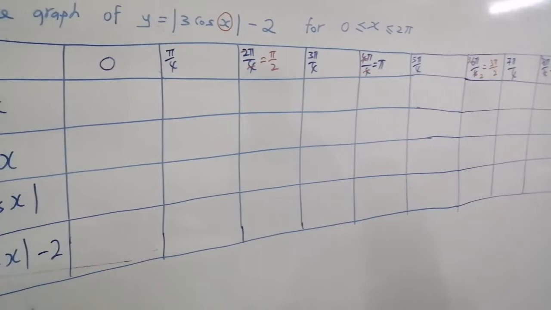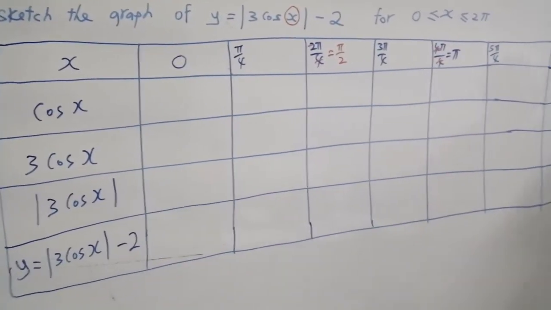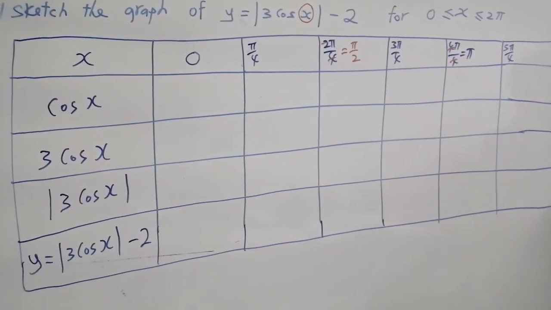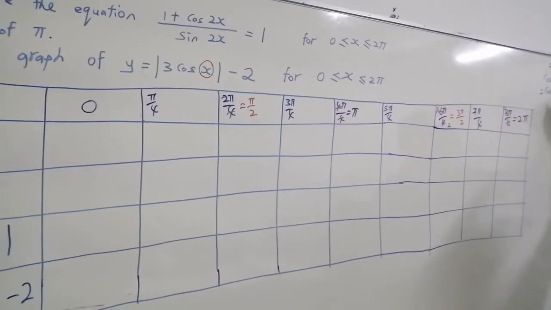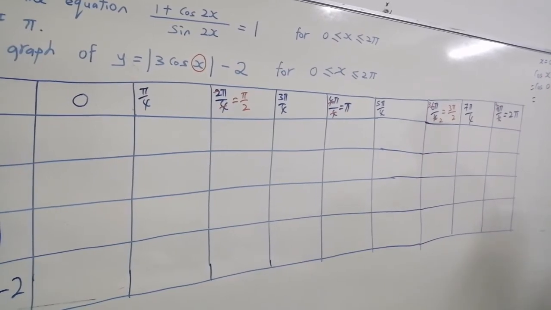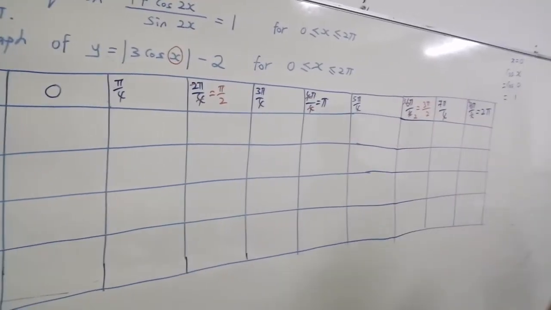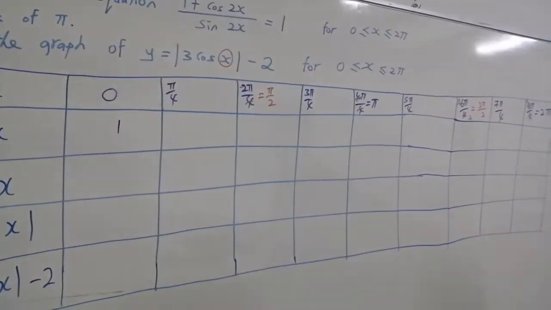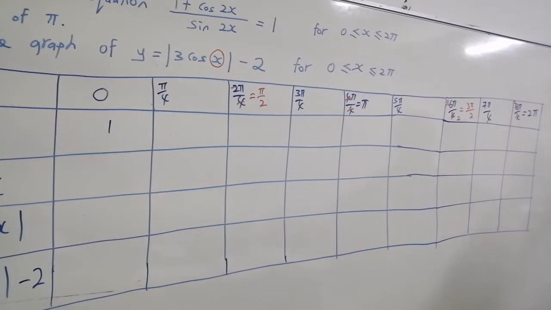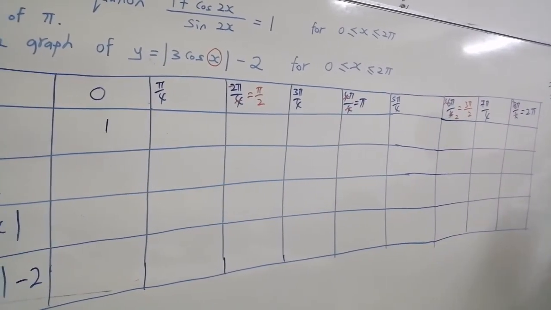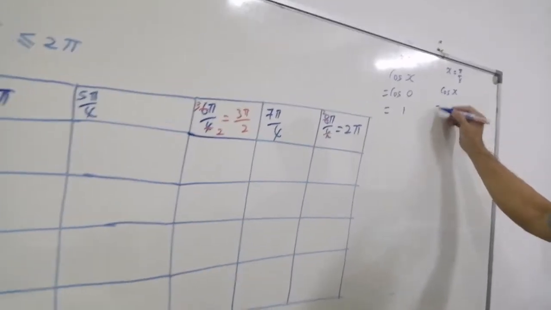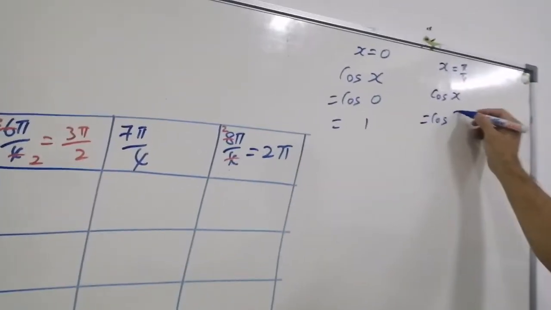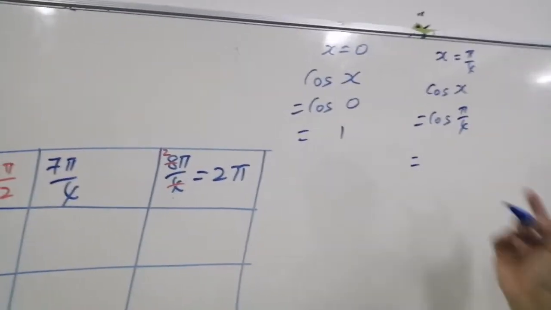Okay, how to use your calculator? My x equal to 0, my cos x will be equal to cos 0. When you use your calculator, your cos 0 should be equal to 1. So 1 here. But what happens when your x is equal to pi over 4? Now how to calculate cos x? So very simple.